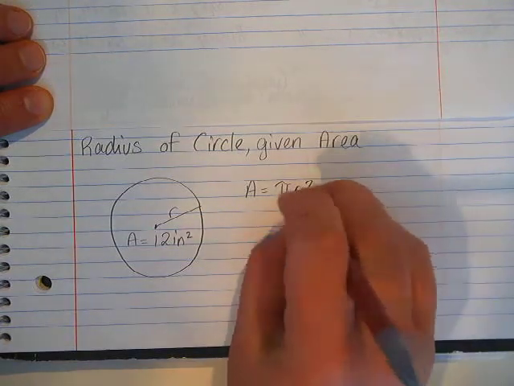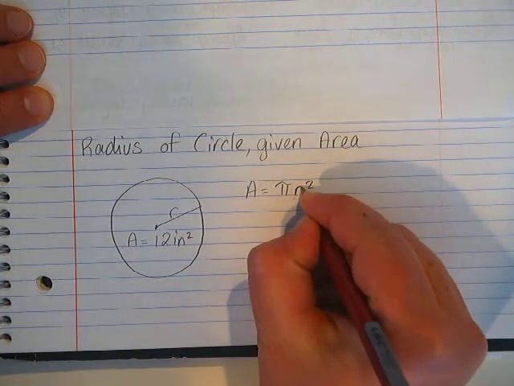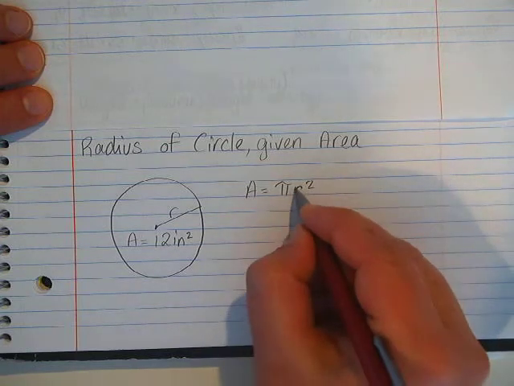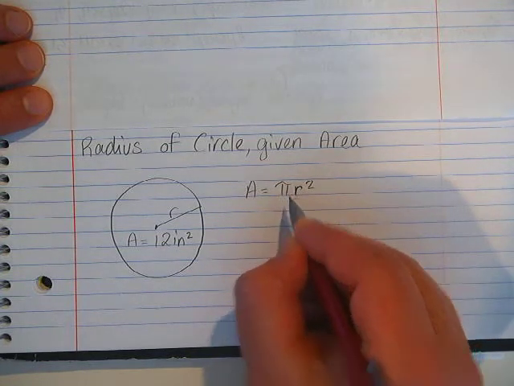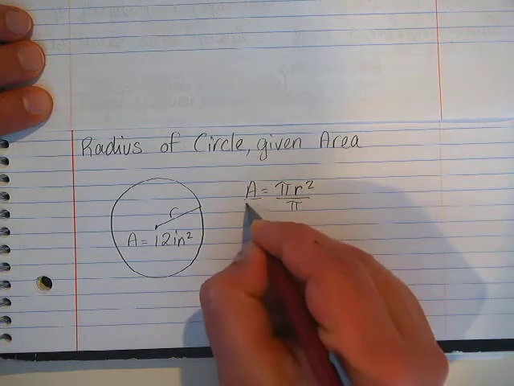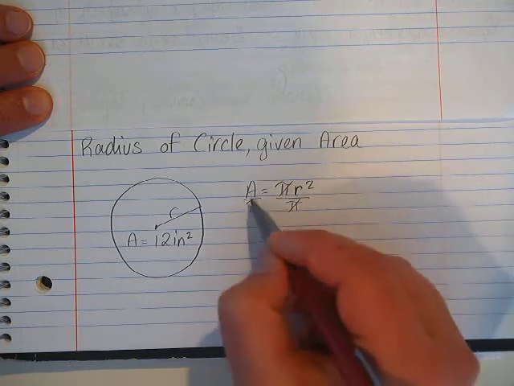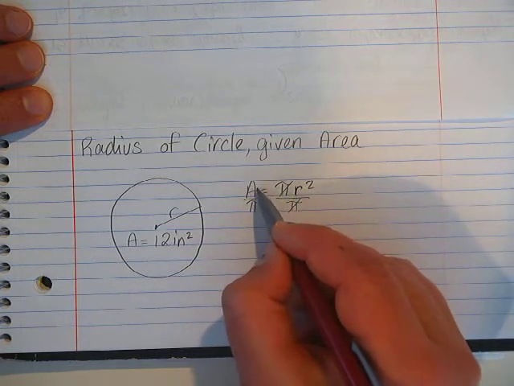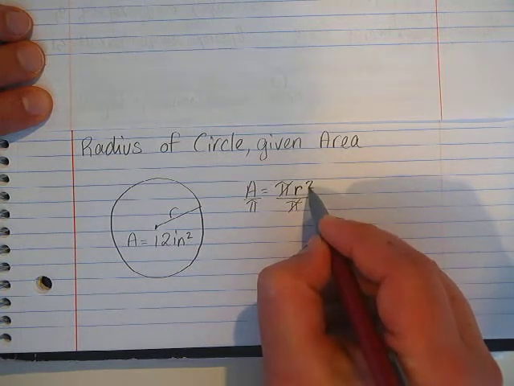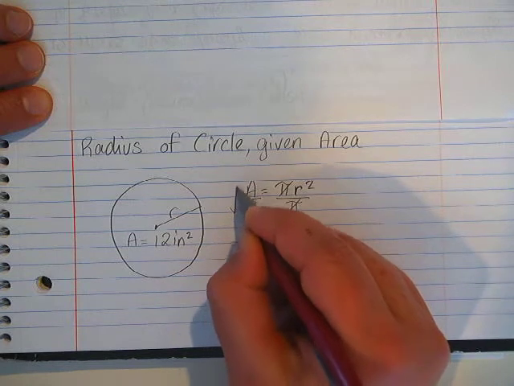So let me just quickly step you through that and remind you how we can rearrange an equation that looks a bit like this. To get r by itself, let's first start by dividing both sides by pi. The top and bottom cancel here, so we're left with r squared equals area over pi. And so then to get rid of this squared, we are going to take the square root of both sides.